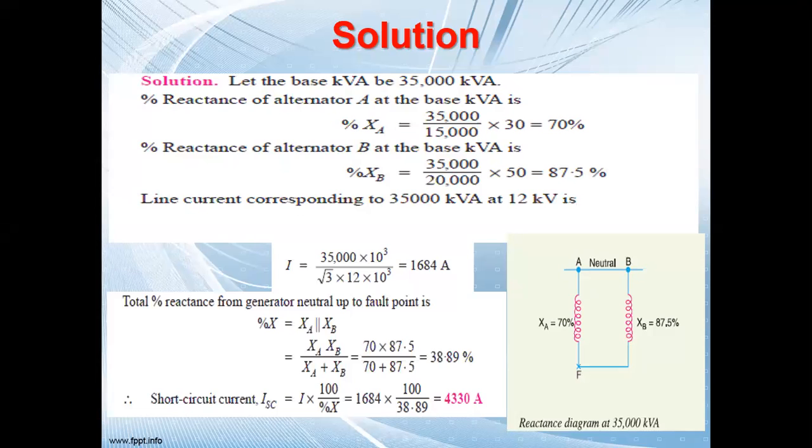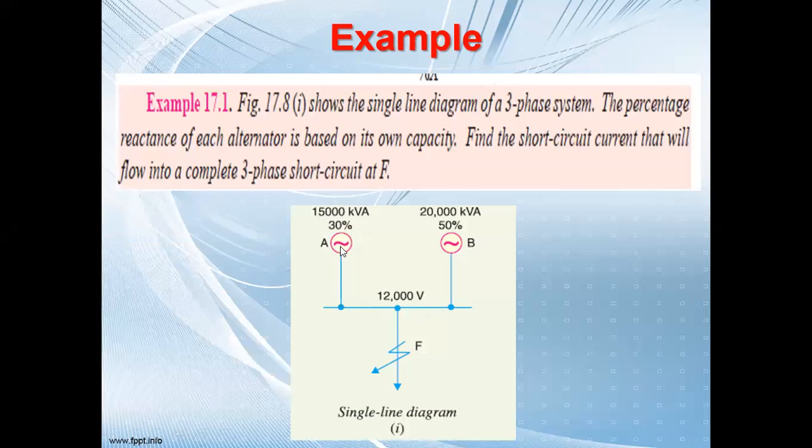Sir, A and B are neutral due to earthing. I have understood your point. Here between A and B, this is point A, this is B. This bus bar is connected with the earth. So A and B, there is a reactance. These are the two reactances.